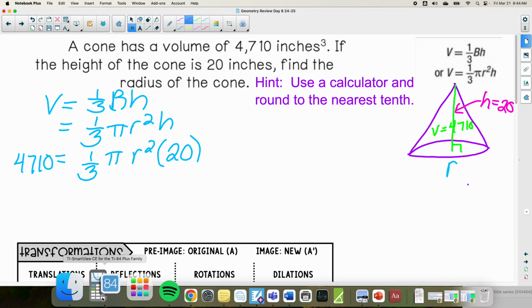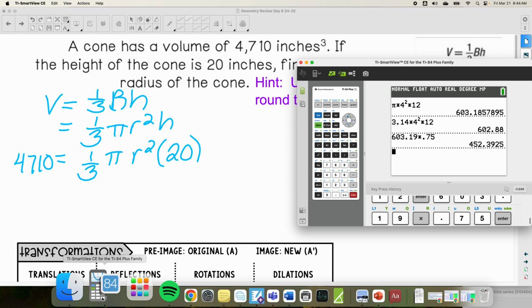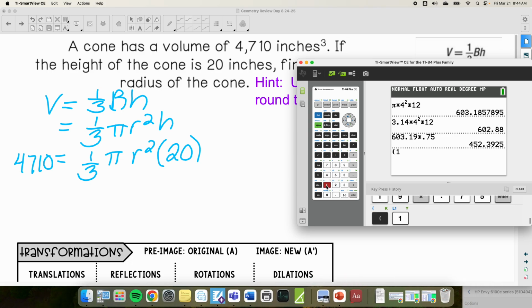Now, like we talked about with fractions yesterday, if you do 0.3 for 1/3, and somebody else does 0.33, and somebody else types in 1/3, you can get a big varying answer for that. So if that's 1/3, I would use parentheses 1 divided by 3 parentheses. Or you could use the fraction key that Ms. Jerpseth showed you if you have a CE version.